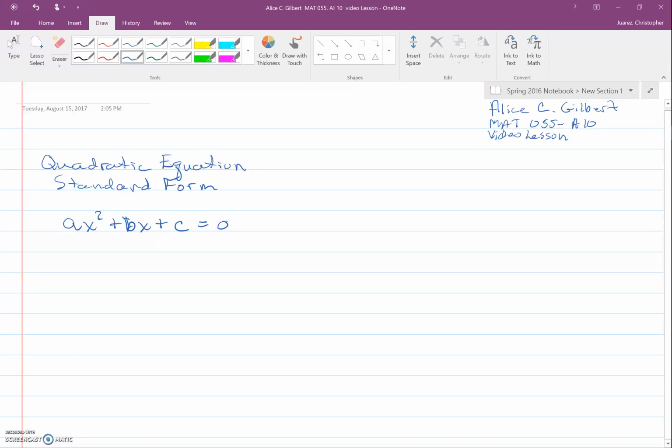What makes it a quadratic equation is this exponent being a 2, as opposed to, say, a linear equation, which would be ax plus by equals c. Don't really worry about that; we will talk about that in unit number 5. But this is the standard form of a quadratic equation because it has a 2 for the exponent. Ax squared plus bx plus c equals 0.